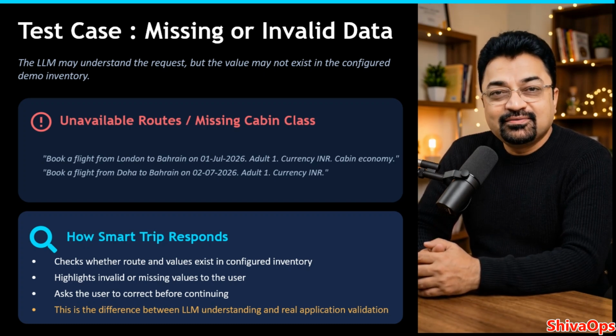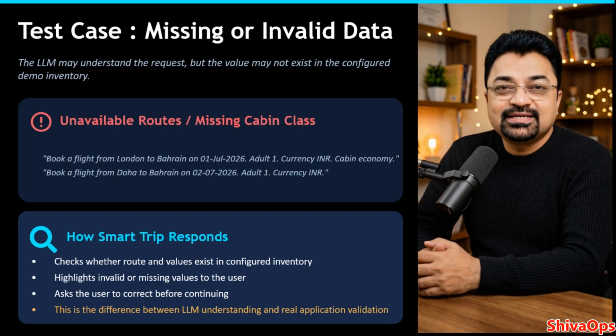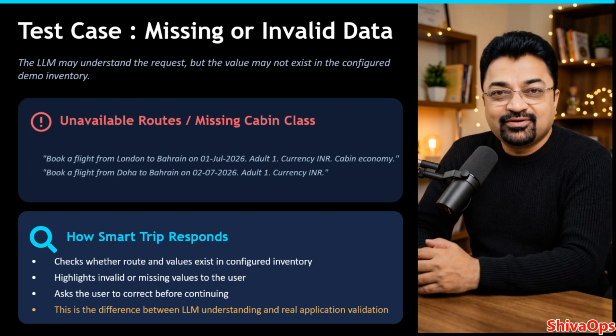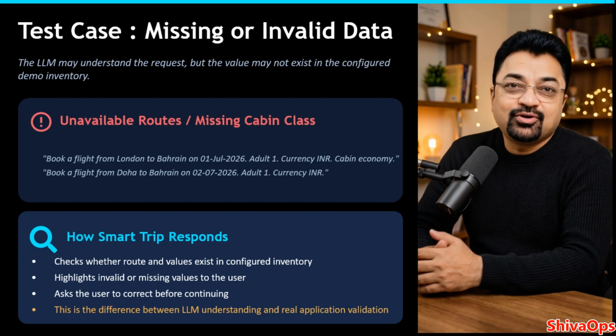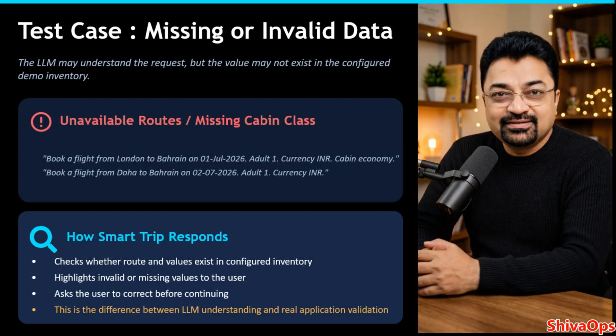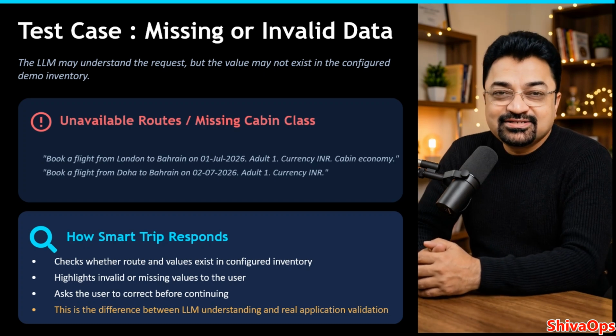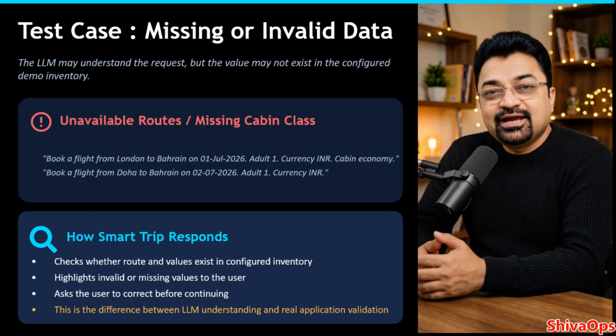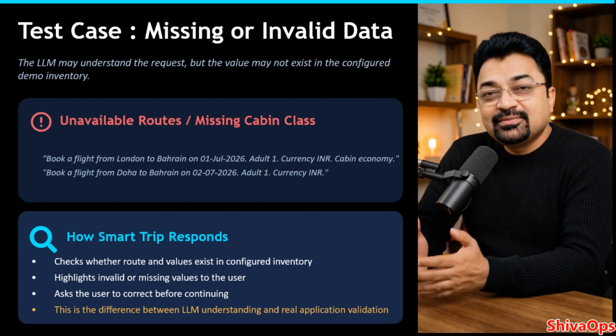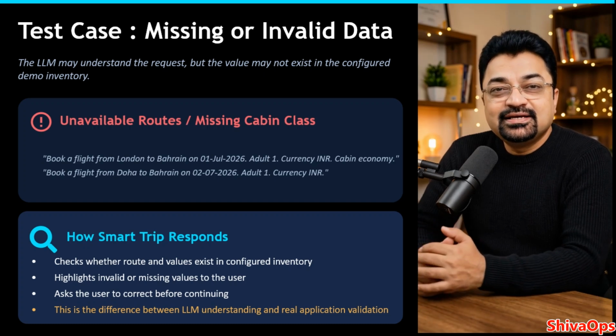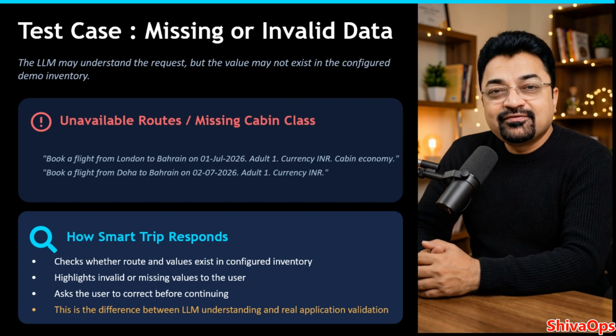In this part, we will test how SmartTrip handles incomplete or incorrect travel requests. Sometimes the user may not provide all required booking details. For example, the user may miss the travel date, cabin class, passenger count, currency, or return date for a round trip request. In some cases, the user may provide a city, airport, airline, or preference that is not available in the flight inventory.